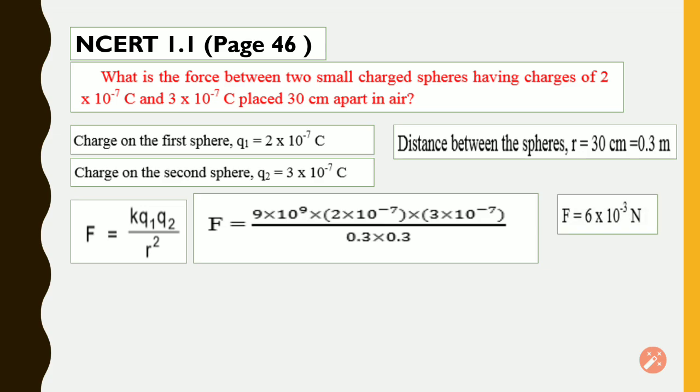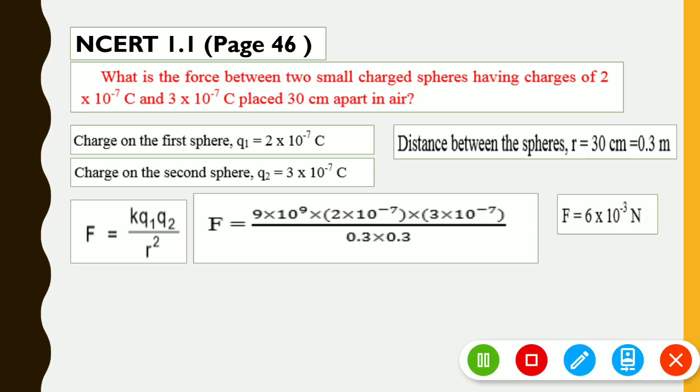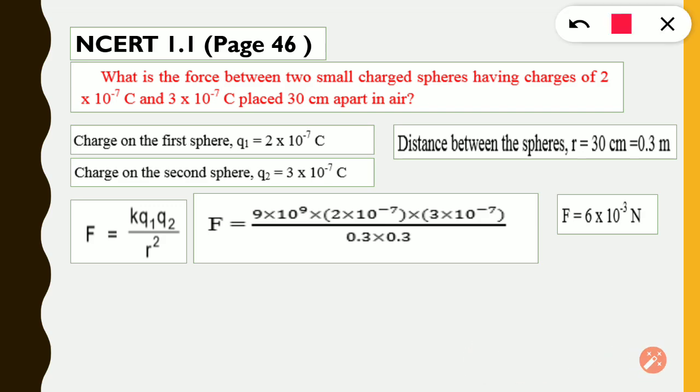And now just try to remember what I have just said a few minutes before. Come on, read out the question again. What is the force?